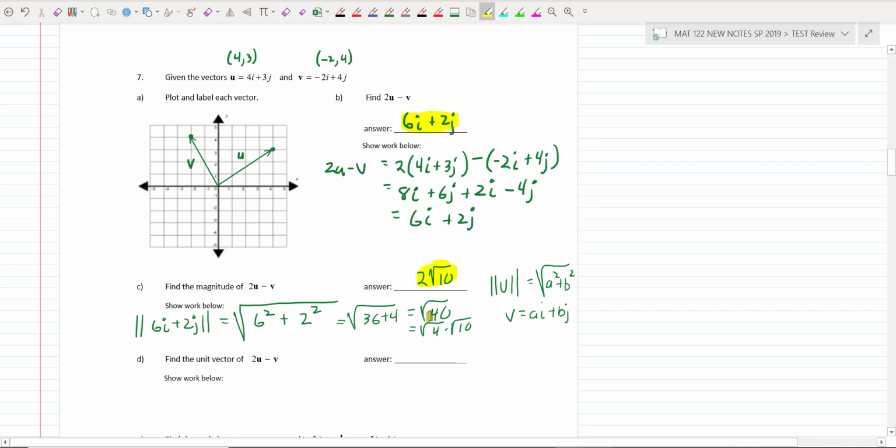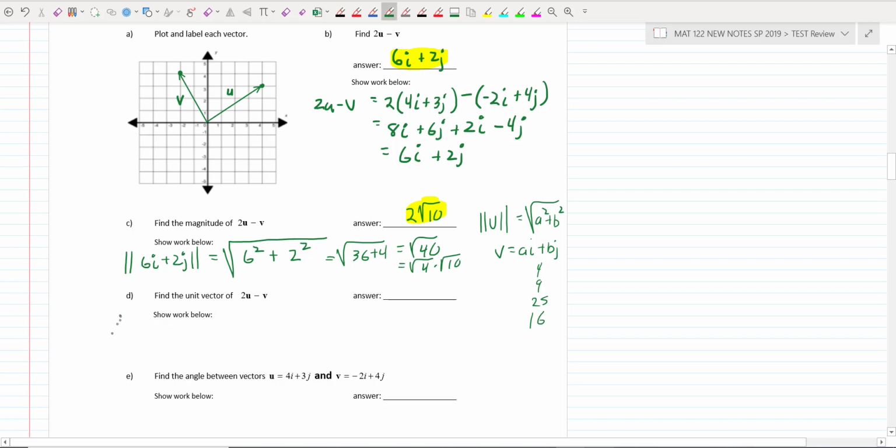What you're doing with that 40 is looking for a factor of 40 that has a square root. Typically to do that, you just want to know your perfect squares, like 4, 9, 16, 25, and so forth. When we do the unit vector, and a unit vector just means the magnitude is 1, the formula is vector v divided by its magnitude.